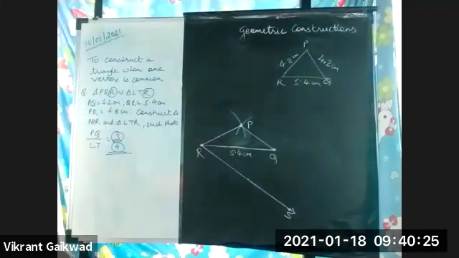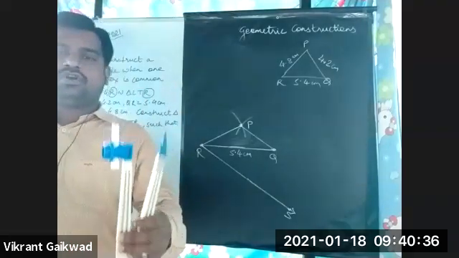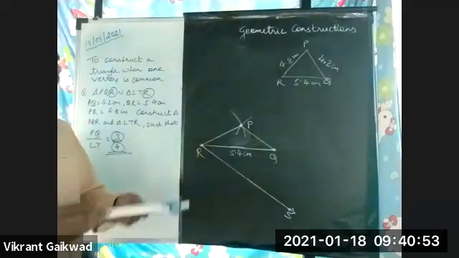I'll take a small distance on my compass, a convenient distance, and I'm going to mark 4 points R1, R2, R3, and R4.